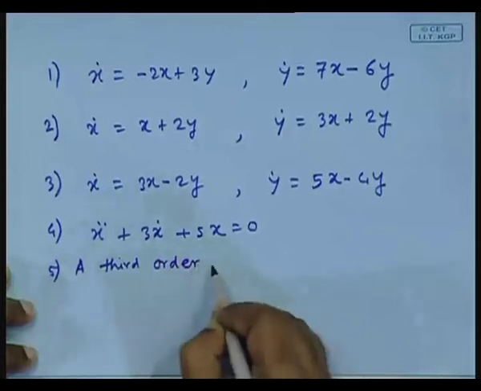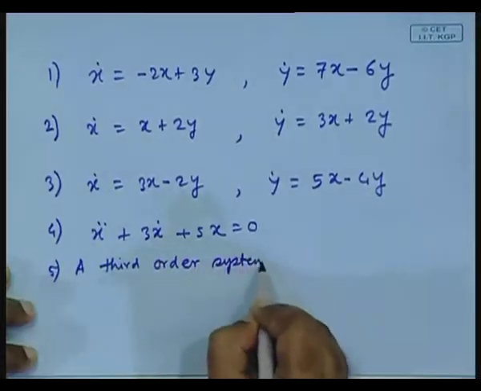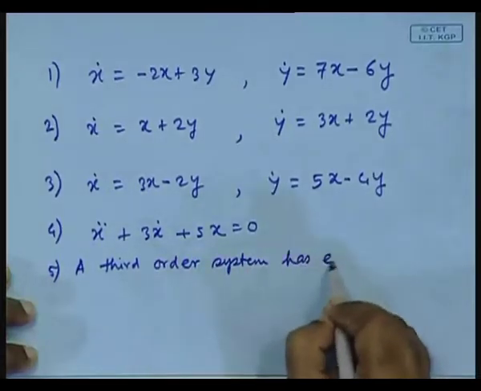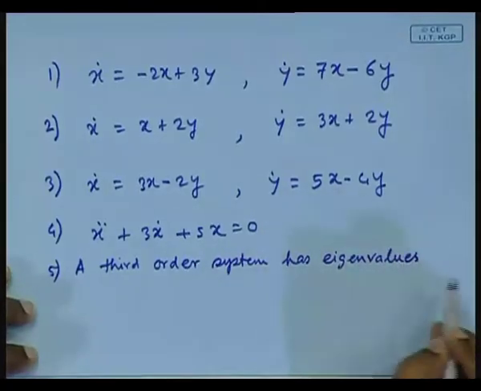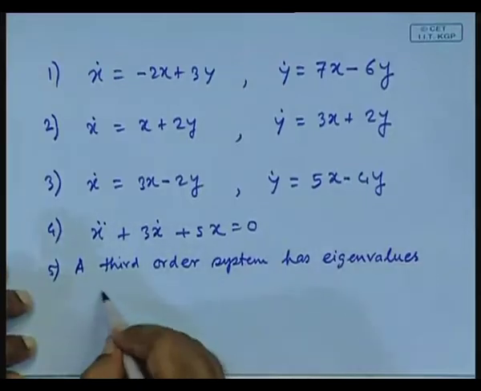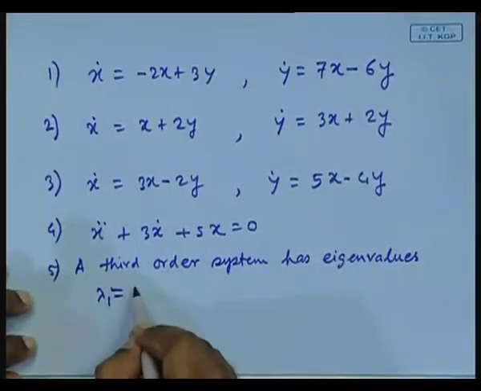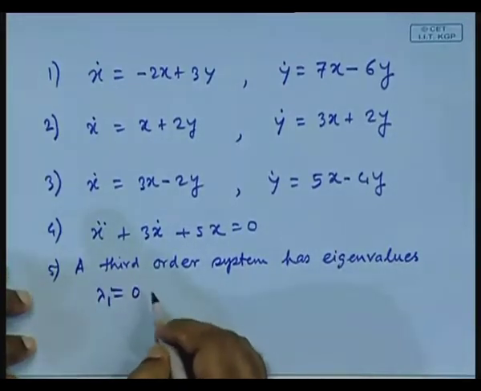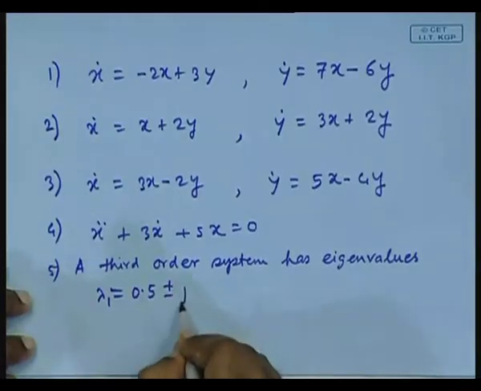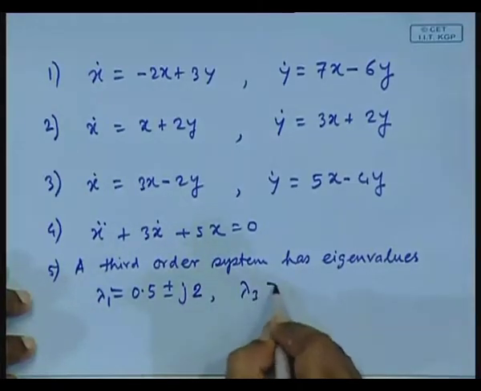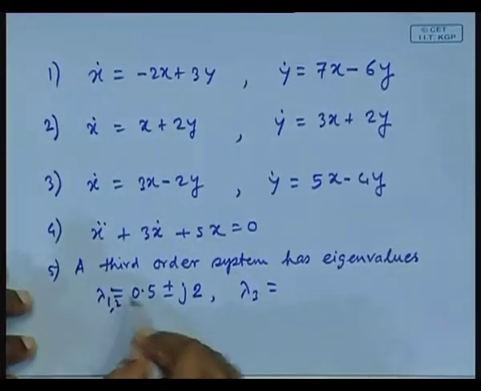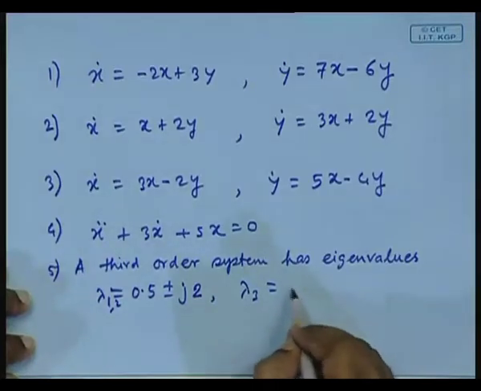A third order system has eigenvalues lambda 1, lambda 2 is this, lambda 3 is this.